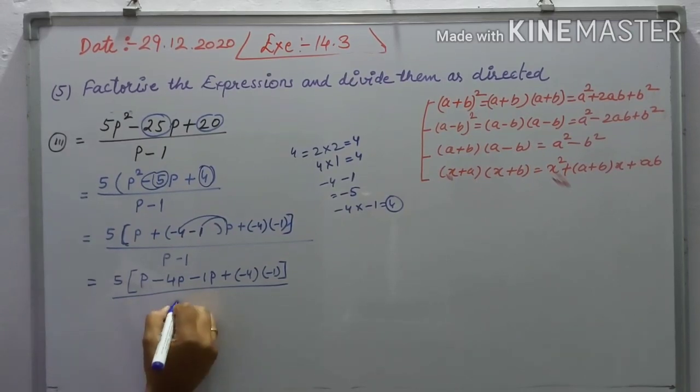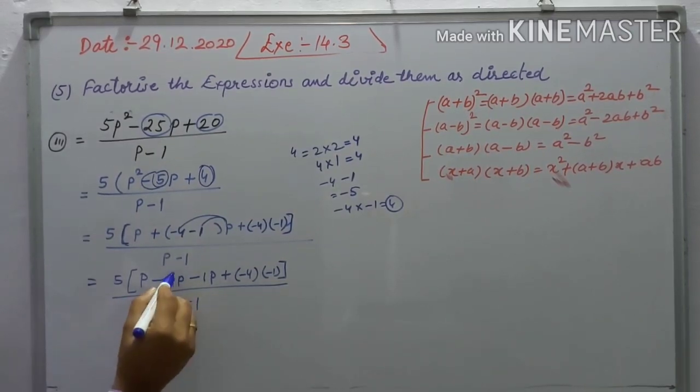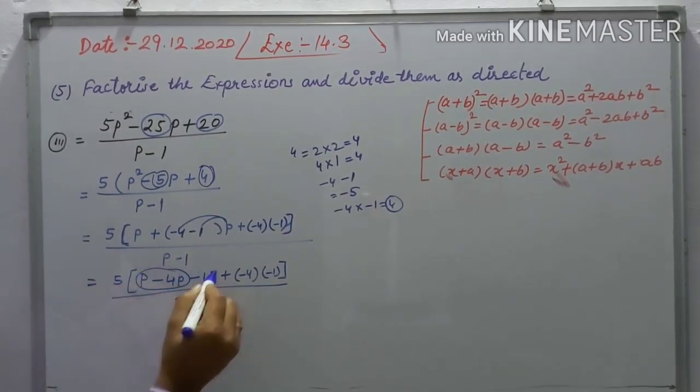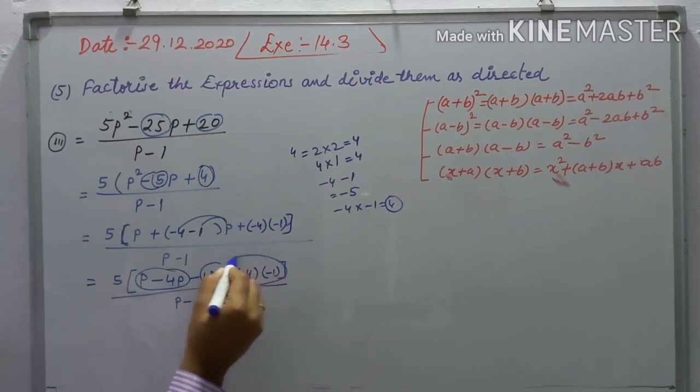Okay, p minus 1, taking the first two terms and next two terms.